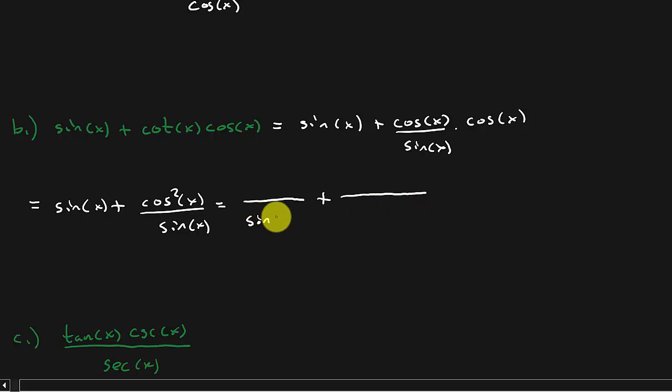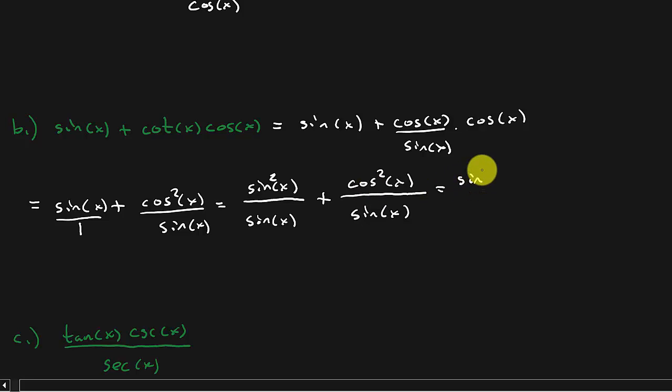Our common denominator would be sine. Remember, this is over 1. What do I have to multiply this denominator by to get the common denominator? I have to multiply it times sine, so I have to multiply the numerator by sine. So sine times sine is sine squared, and those denominators are the same, so that's just cosine squared.